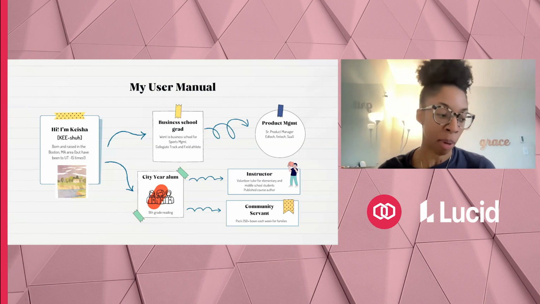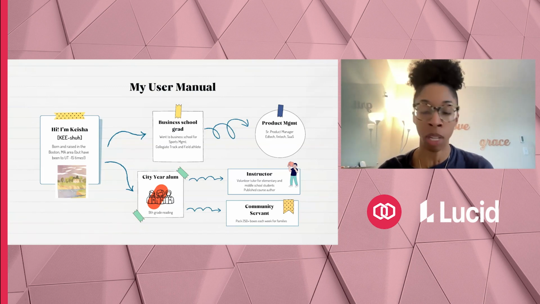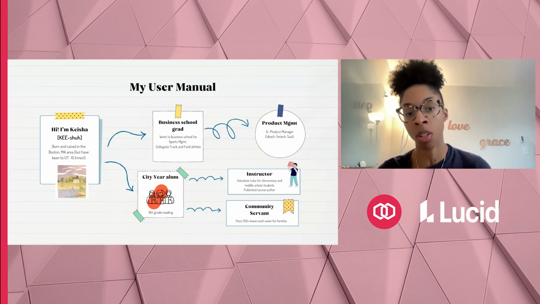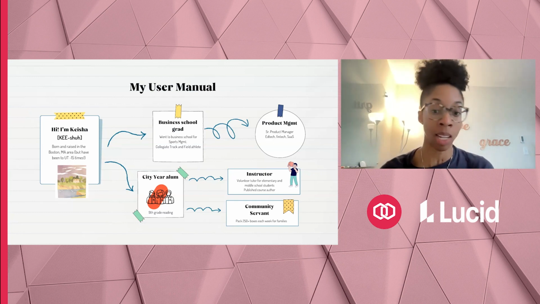City Year is a national nonprofit focused on supporting K through 12 education in some of the tougher school districts in the United States. Having that opportunity really changed my perspective on the education system. I think combining a business background with this experience in the classroom shaped where I ended up in my career and just personal endeavors.